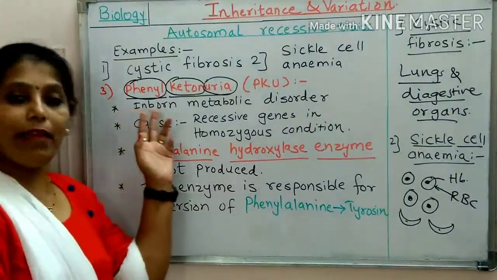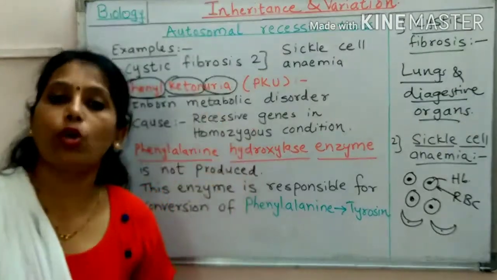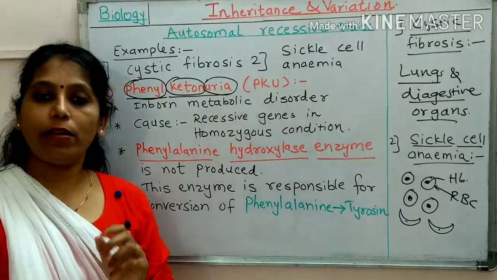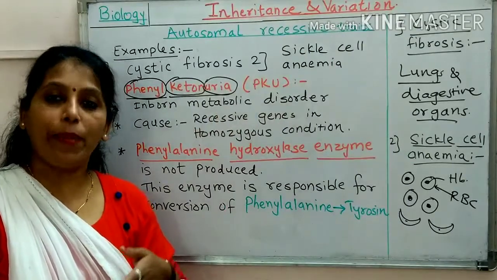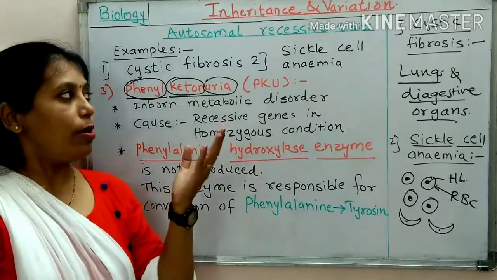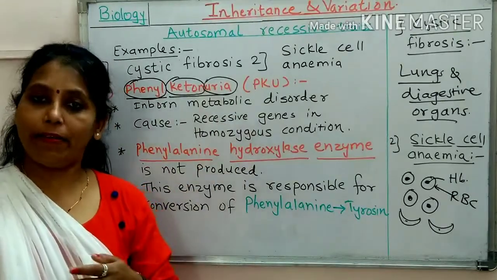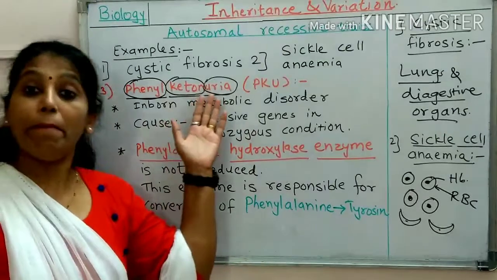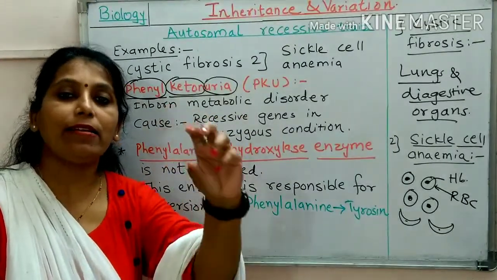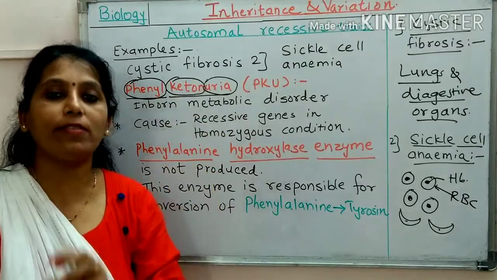Now what exactly is it? It is an inborn metabolic disorder. Now what do you mean by metabolic disorder? Inborn means it is present from birth itself, because this disorder is received from the parent. Okay, then what do you mean by metabolic disorder? Metabolic means it is related to metabolism.